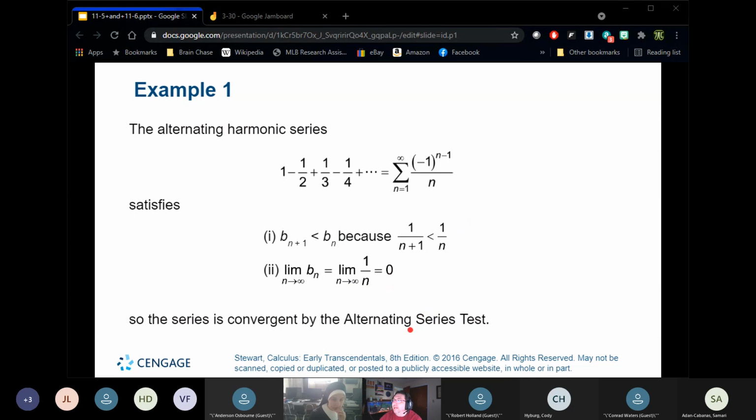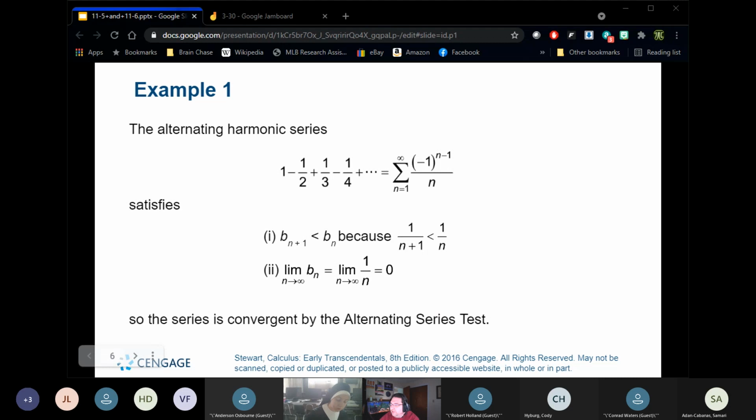So 1 over n, as n goes to infinity, does equal 0. So the alternating harmonic series actually does converge because of the alternating series test. So the harmonic series does not, but the alternating harmonic series does.